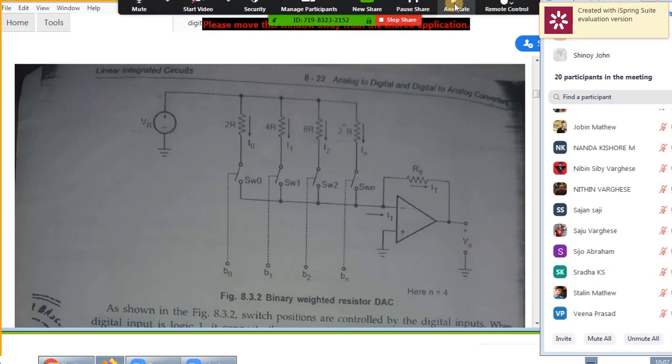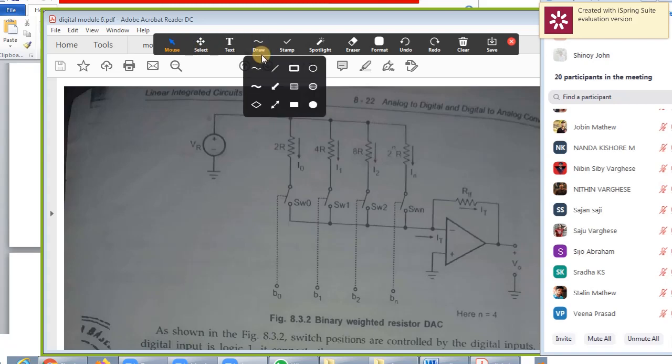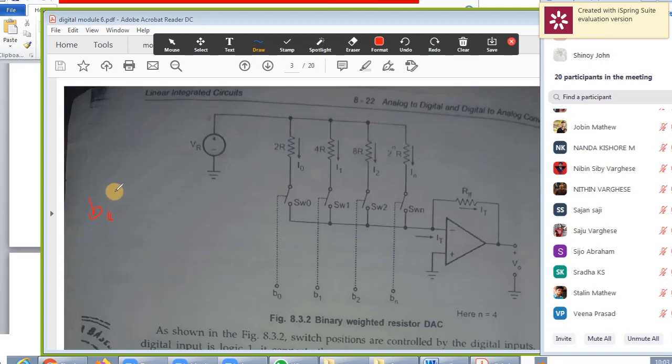Once again I will tell you. If B0 is 1, the value of I0 is VR divided by 2R.